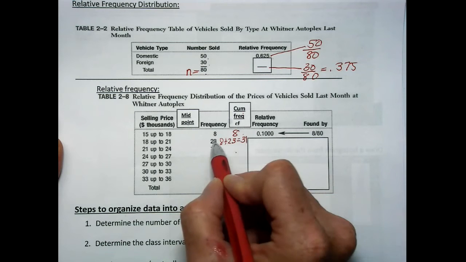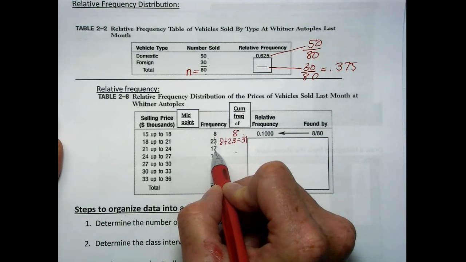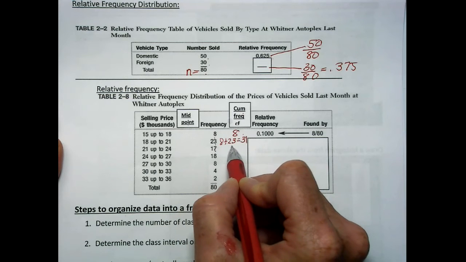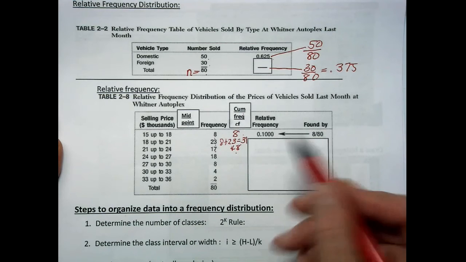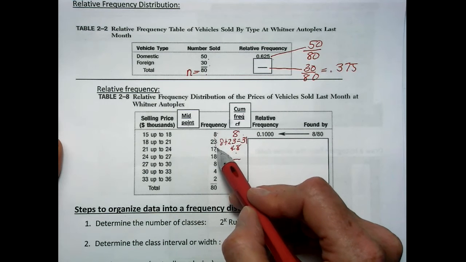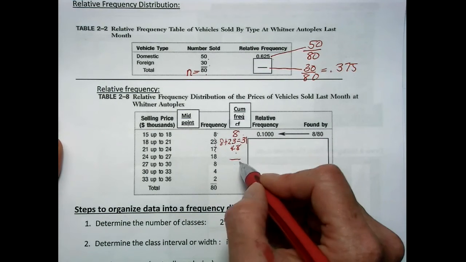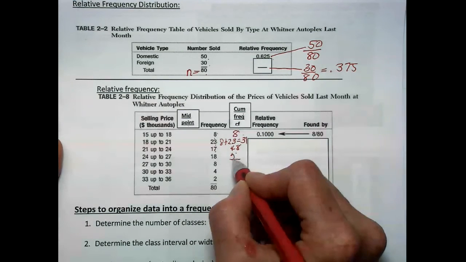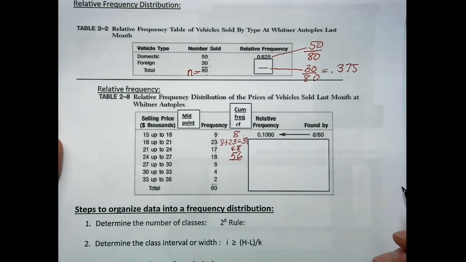The next is 8 plus 23 plus 17, which is 48. The next would be 8 plus 23 plus 17 plus 18, which is 56. And I'm going to let you calculate the other three.